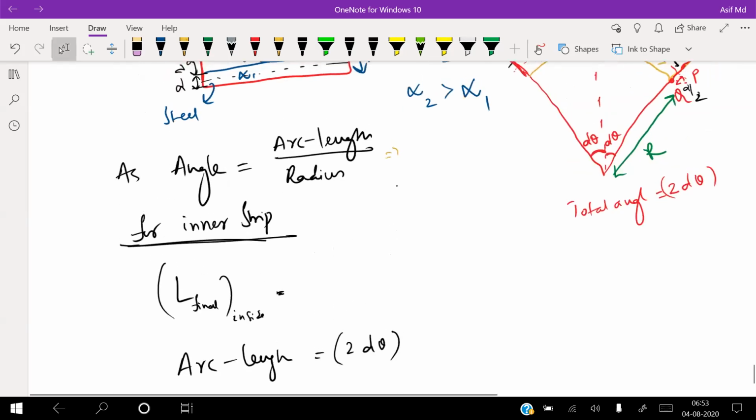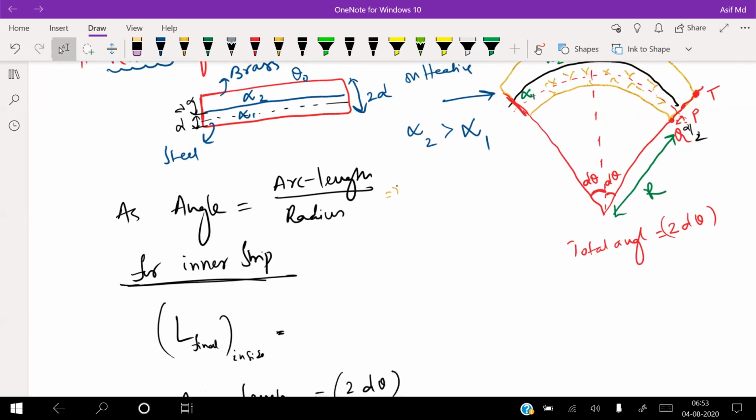What will be the radius? D by 2, sir. But D by 2, how can we consider it as the radius, sir? Because it's part of the alpha 1 rod. So what can we take as radius here?